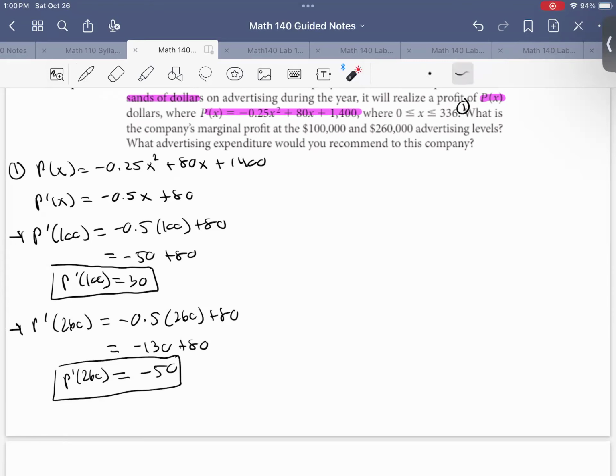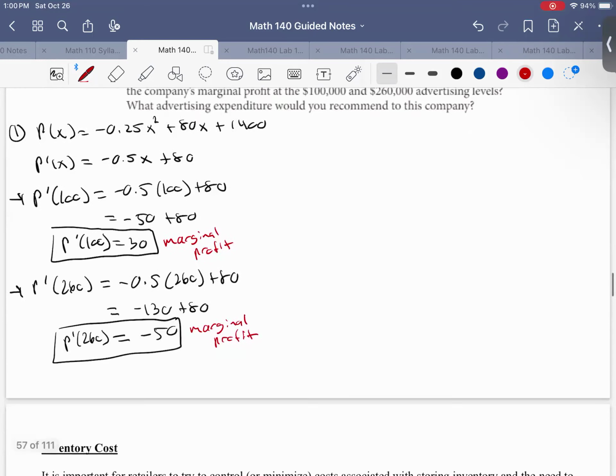Okay, so this means the marginal profit at 100,000 is 30, and the marginal profit at 260,000 is negative 50. So what does this mean? Let's put this into words.